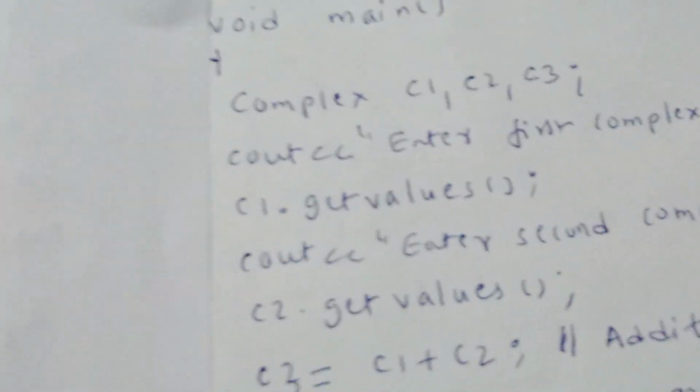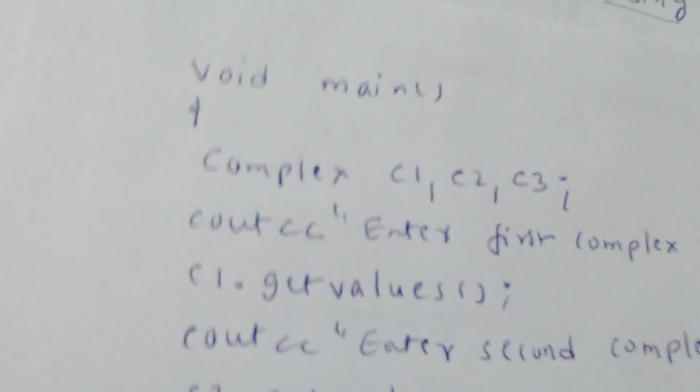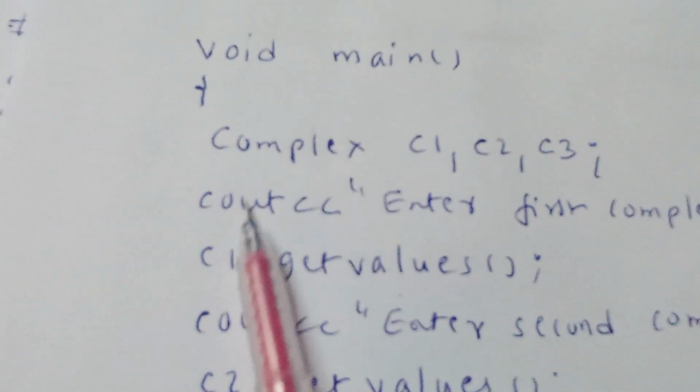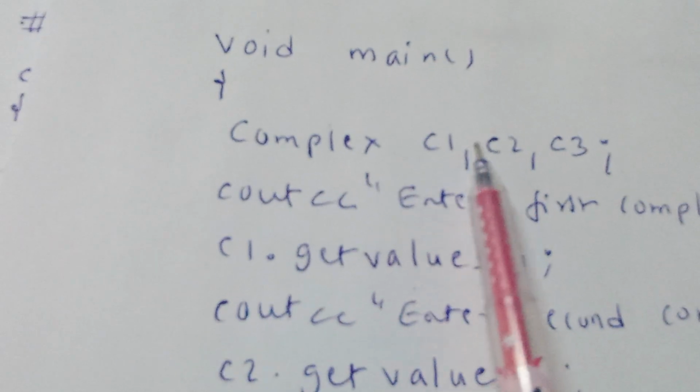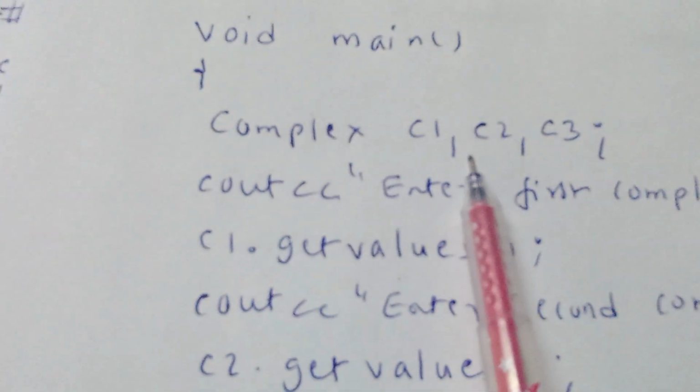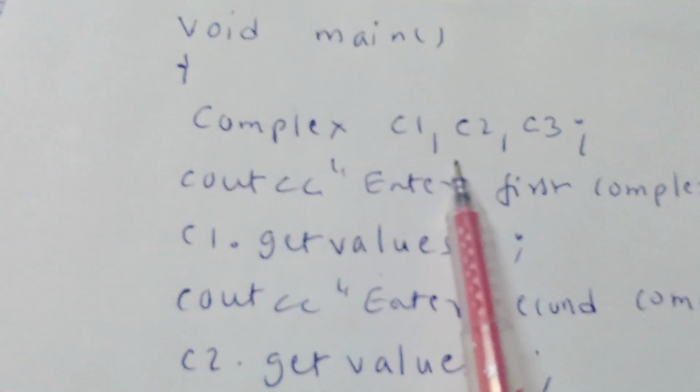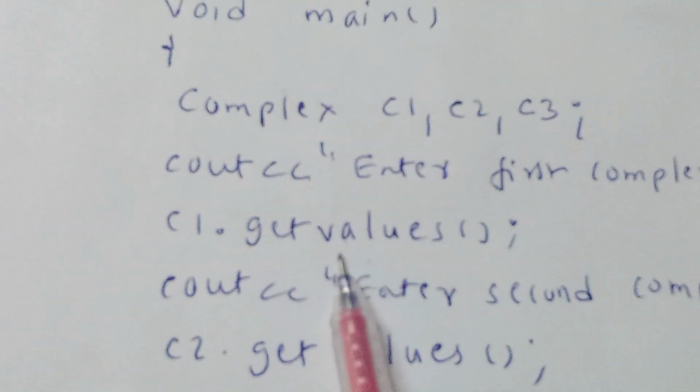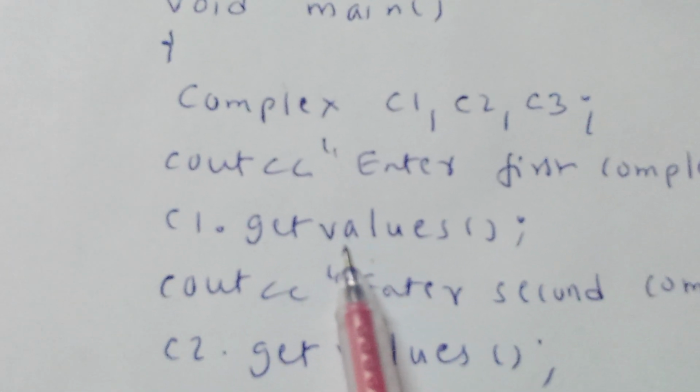Let us come to the main part. In the main part we are defining three complex numbers c1, c2 and c3. All the objects have no values yet. So we input values to the c1 object by using the getValues function.